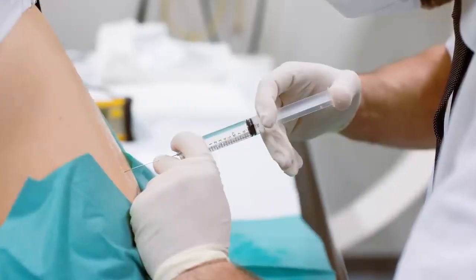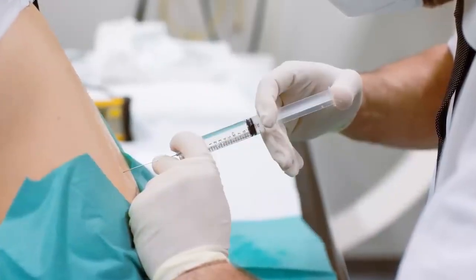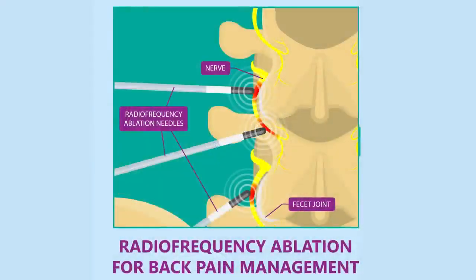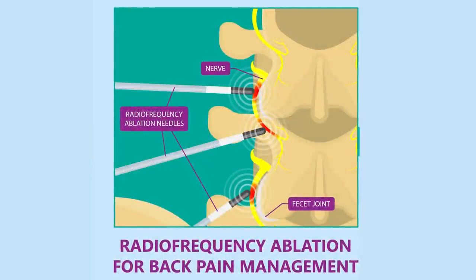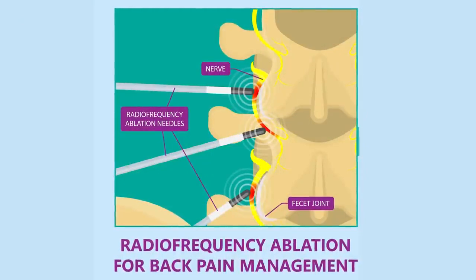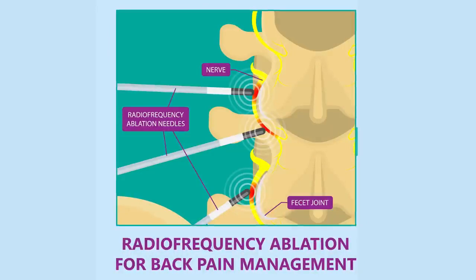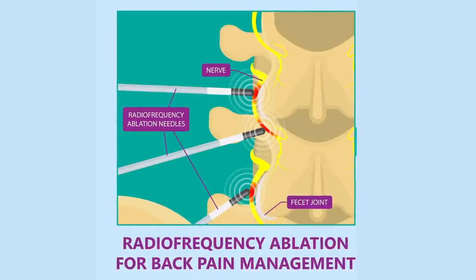Anti-inflammatory injections can be placed around the area where there's an inflamed nerve or even an inflamed facet joint. There's this really cool procedure called a radiofrequency ablation that can also be used for those inflamed facet joints, where they inject this needle with radiofrequency, and what it does is essentially heats the nerve or creates this heat lesion.